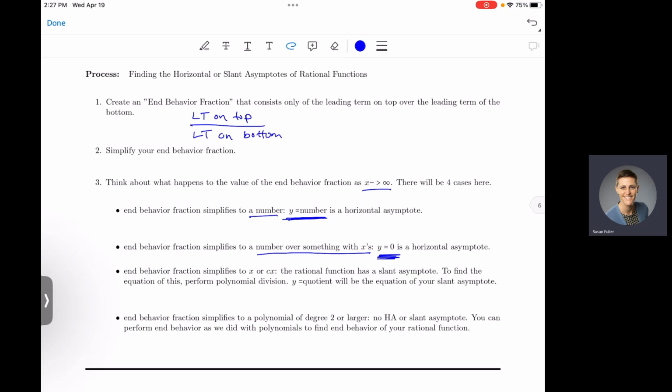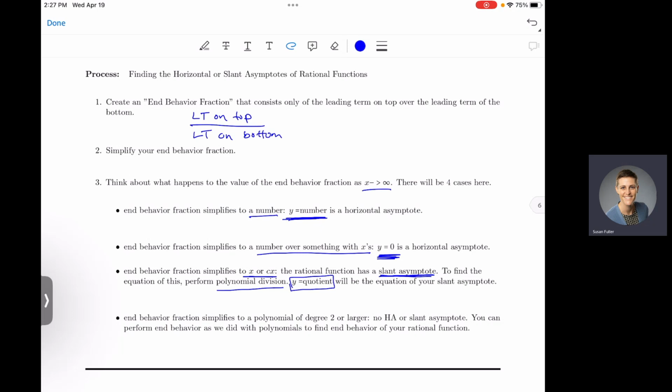If your end behavior fraction simplifies to an x or a number times x, then your rational function acts like a line at the end. That means you have a slant asymptote, and to find it, you're going to perform polynomial division, and y equals your quotient is the equation of your slant asymptote.